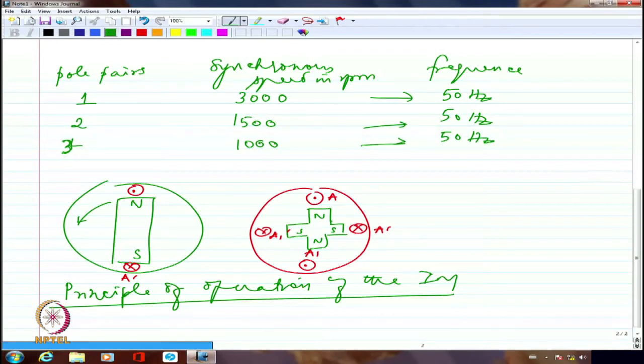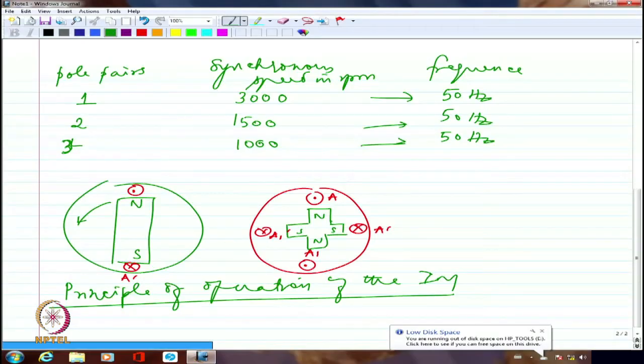It will face South Pole at 90 degrees itself. But by then electrically it has completely reversed. Are you getting my point? So electrical reversal has taken place even before it has traversed the complete 180 degrees as far as mechanical is concerned. So that is the way it works. The number of poles increase, then correspondingly the mechanical rotational speed is going to decrease.